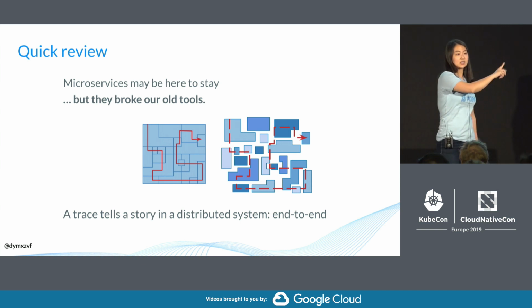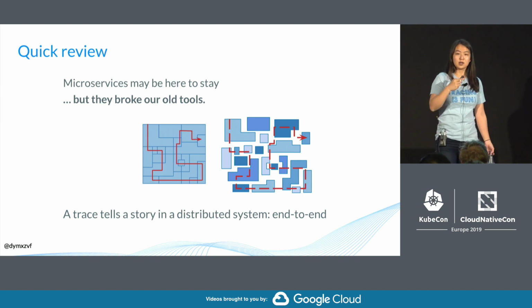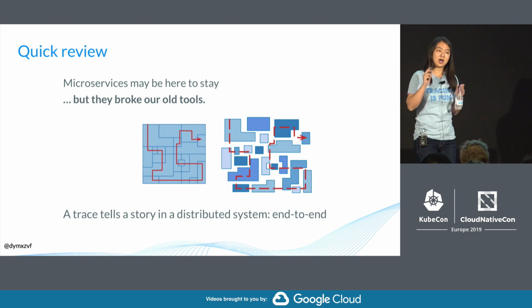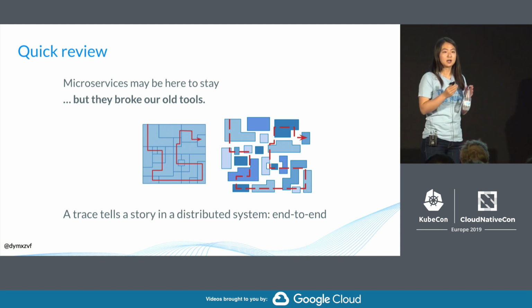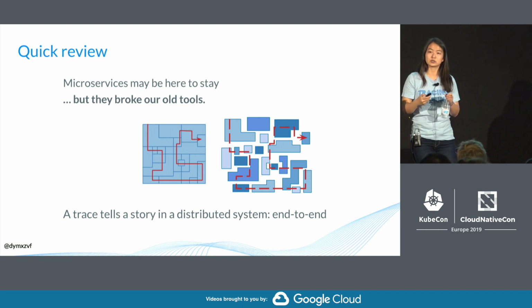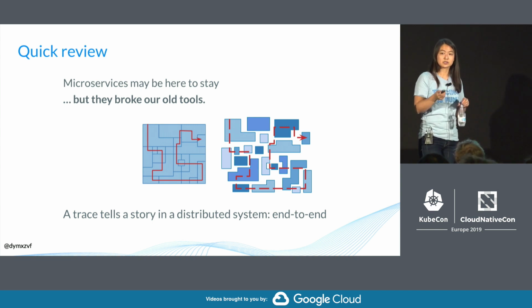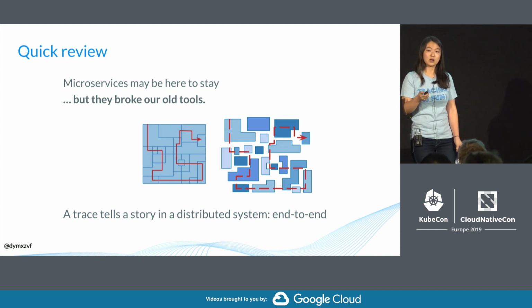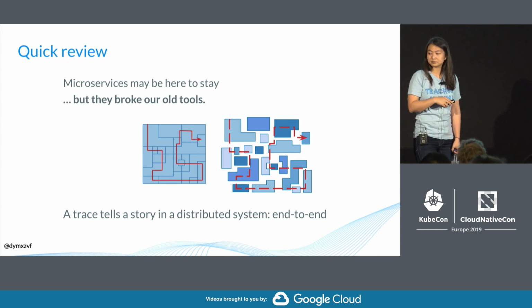Now, in the second case, in a microservices architecture, tracing is the only way you can get a coherent picture from the perspective of a request. This used to be easy when everything was in one instance or one pod using metrics or logs. With microservices, a trace is really the best way to understand how your requests are going through the system.